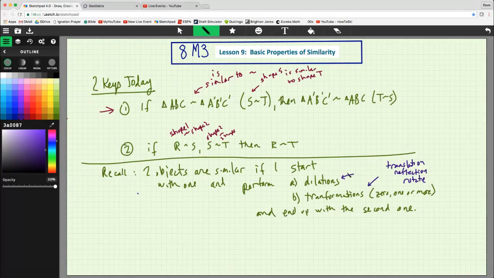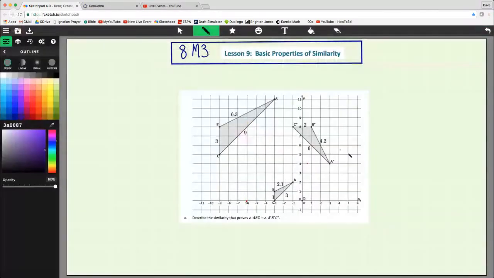If I do dilations and these three other operations on the starting object and end with the second object, then those two objects are similar. Okay, so let's go through an exercise that you did today in class, and that is this one. This was challenge number 2, I think.